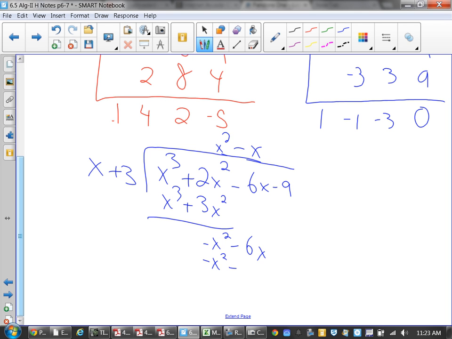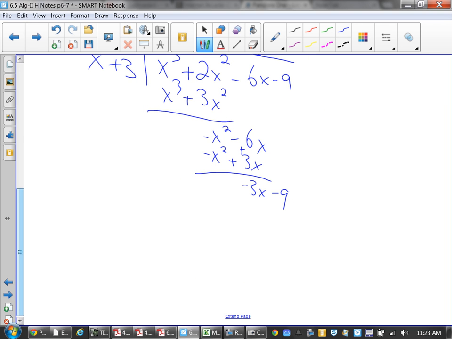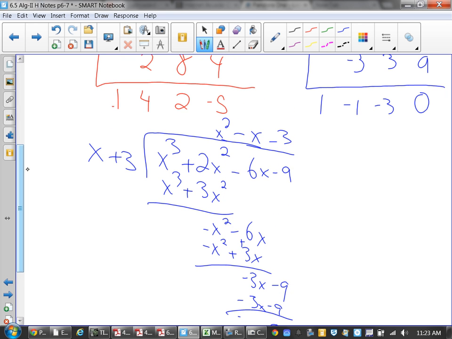So all of this divided by that equals x squared minus x minus 3. X squared minus x minus 3. And where's your remainder? That's crazy.